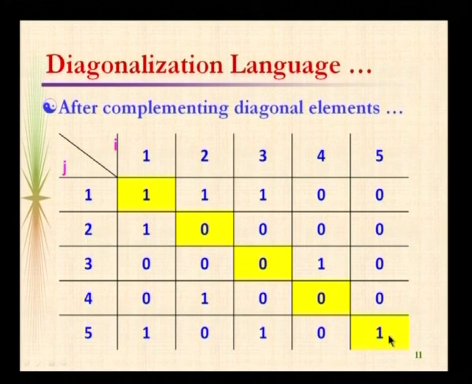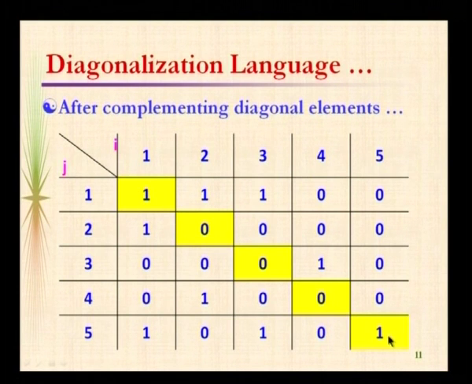So, when you take the characteristic vector from this language, the first entry is 1, the second entry is 0, the third entry is 0, the fourth entry is 0, and the fifth entry is once again 1. It means in the characteristic vector for this diagonal language, we will have the string W1 and the string W5.